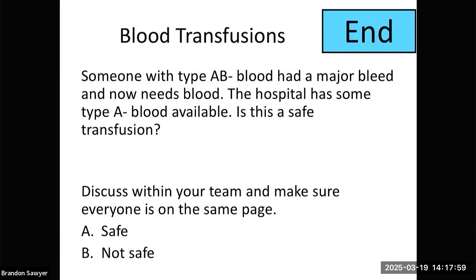Mhm. So we said that. Okay. Yeah. So we're not actually worried about the antibodies from this one, right? We're worried about the antibodies that this person contains, which is only RH, like you said. So as long as we don't have a positive type blood, then we're fine, right? Because that's the only antibody that's found here. Perfect. That's what you said too. I was just helping summarize it. Yeah. Okay, good.